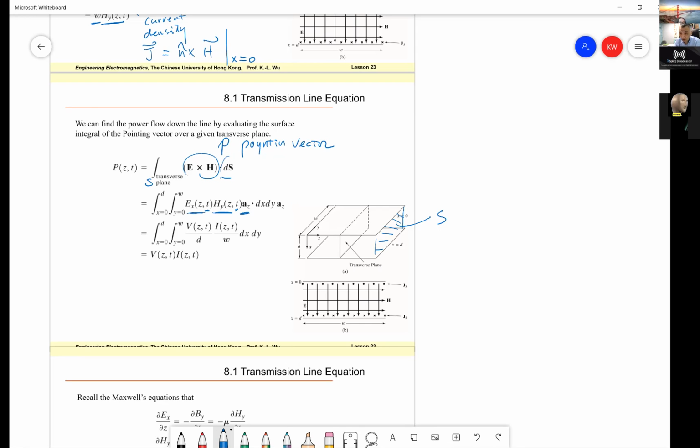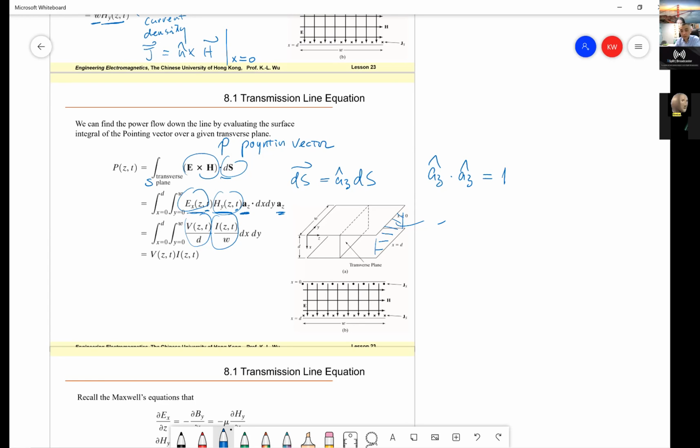But dS is the differential area in that direction, so this is a dot product, equal to 1, right? So we also found E related to voltage and H related to current.